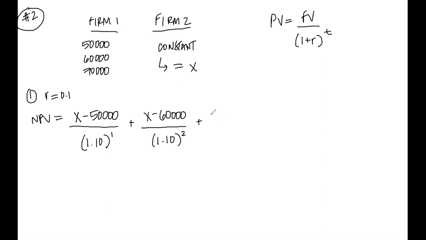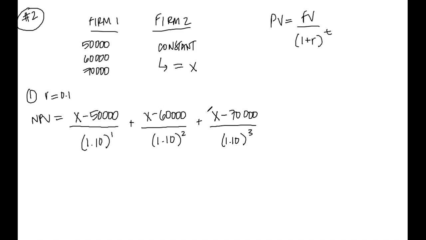And finally, we can do the third year, which is X minus 70,000 to get that incremental earning or difference of earnings. And then it would be 1.01 cubed since it's the third year. And again, we want this to be greater than 0. So now all we have to do is solve for x.